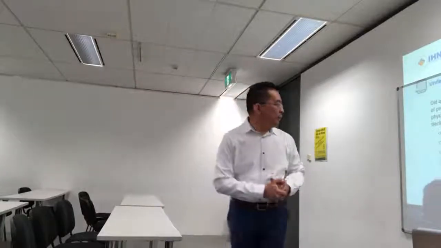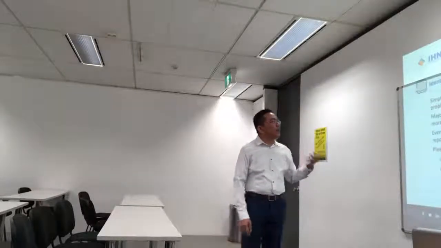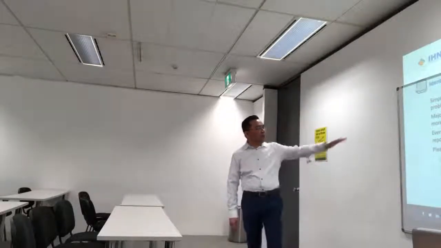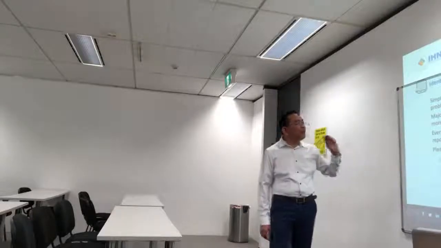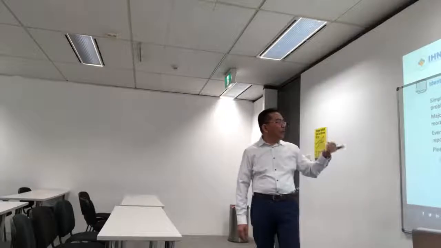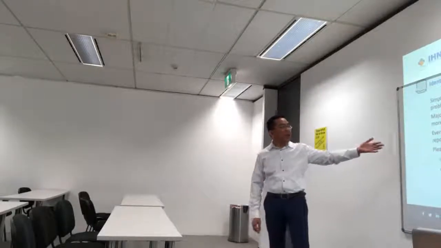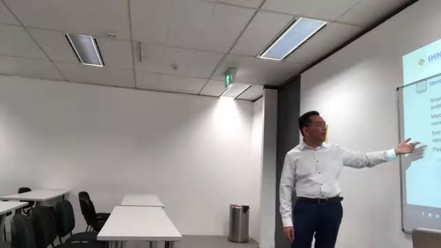Okay, question. Identify risks associated with the provision of support. Simple risks have simple solutions with problems easy to fix. Major risks involve potential injury to more than one person, and it is everyone's responsibility to identify and report.